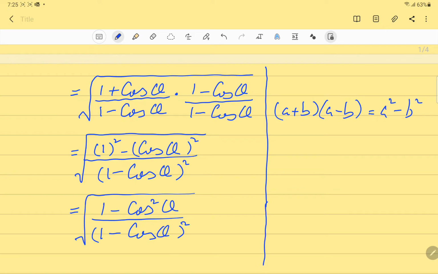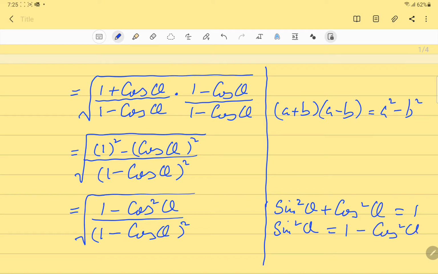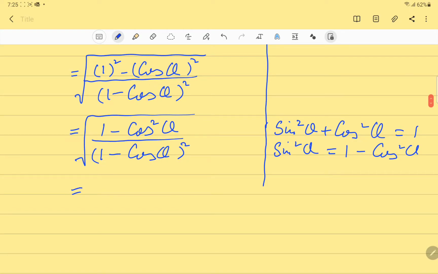Now we again recall the identity over here. The identity is sine squared theta plus cos squared theta is equal to 1. If we subtract cos squared theta from both sides, we get sine squared theta is equal to 1 minus cos squared theta. So here in our expression we will replace 1 minus cos squared theta with sine squared theta.